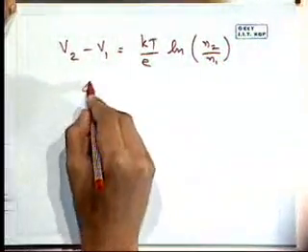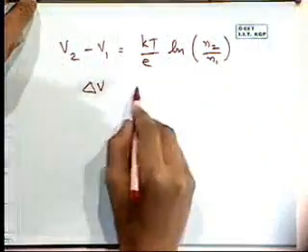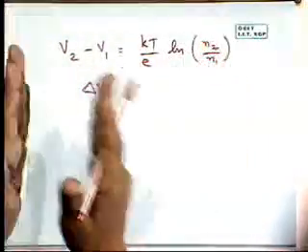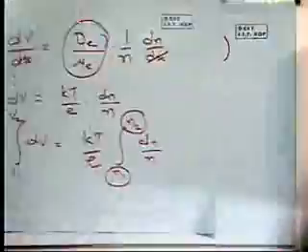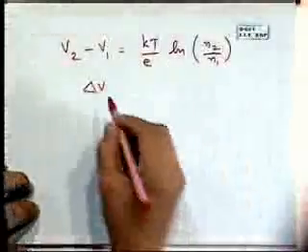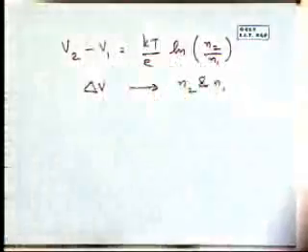In other words, the potential difference between these 2 points depends on the concentration gradient. Depending on the points where we are considering, the farther apart these points are, the more is the gradient between them, because this side had a large gradient to start with. So delta V depends on N2 and N1 from this equation.